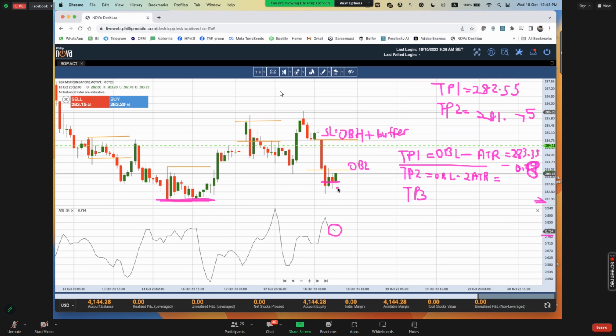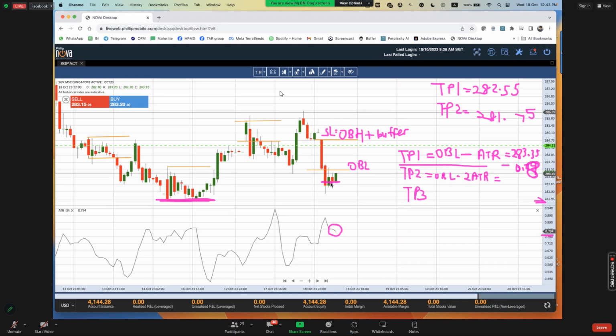Because when the trigger bar happened already, it already hit right into the first TP1. It means that you don't even have the first TP to work on. It means that it is extended already.